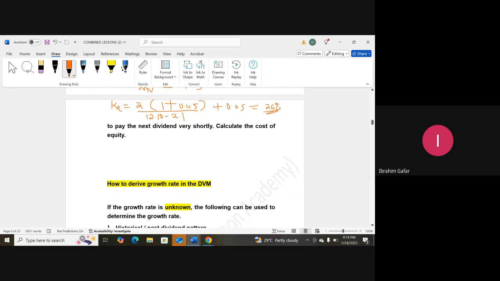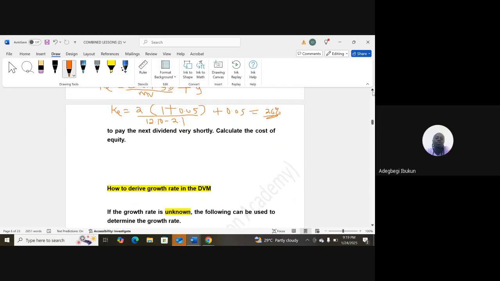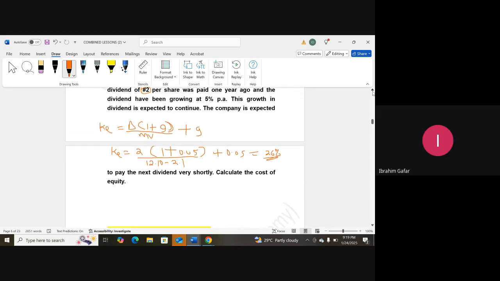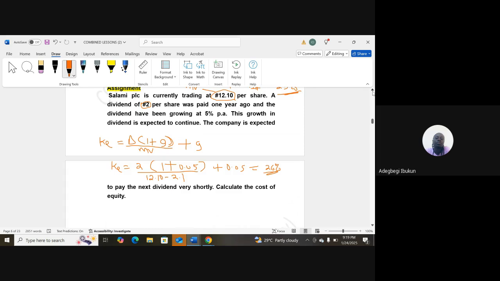Any question before we continue? Yes, I have a question. My question is, it is because it has been growing at 5% that we use that 5% with the dividend? Yes, because the examiner stated clearly that the growth in dividend is expected to continue.